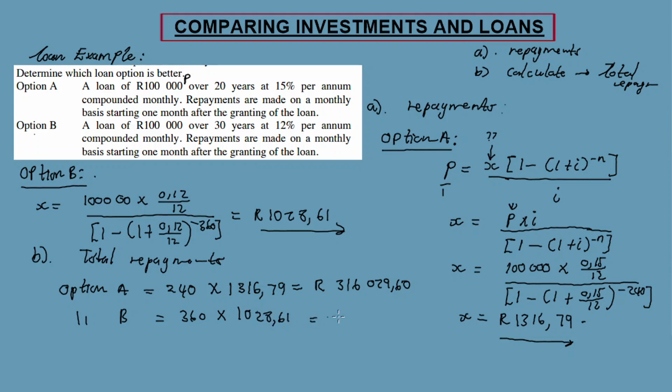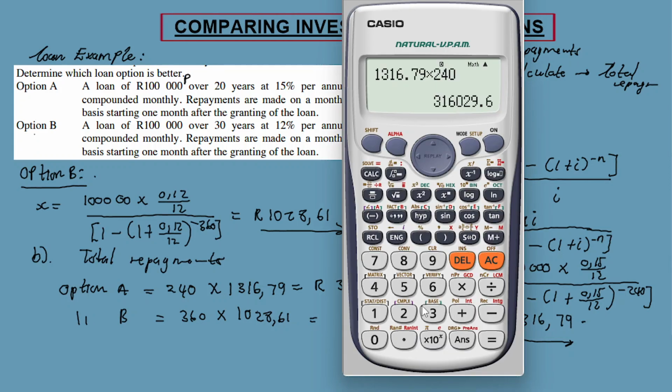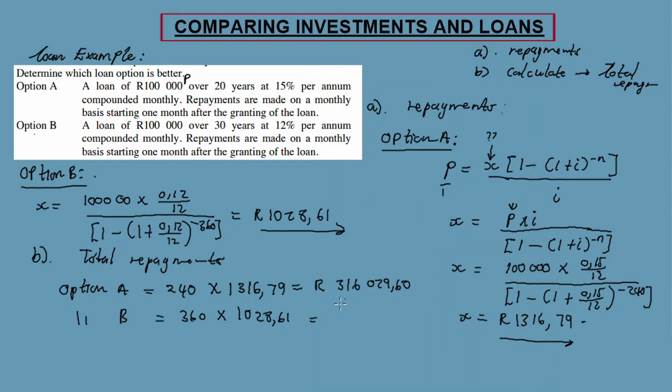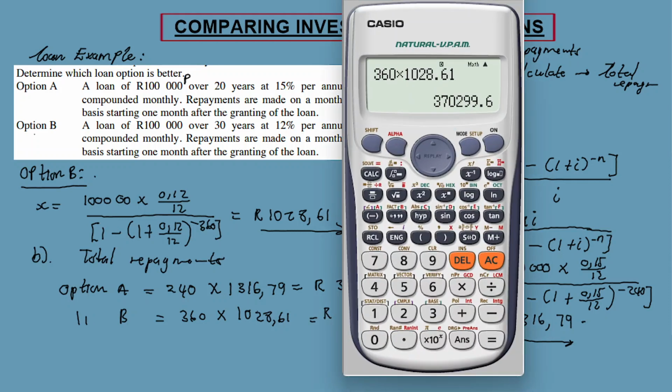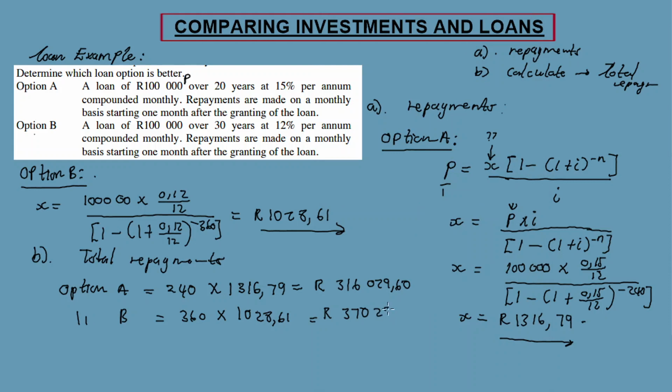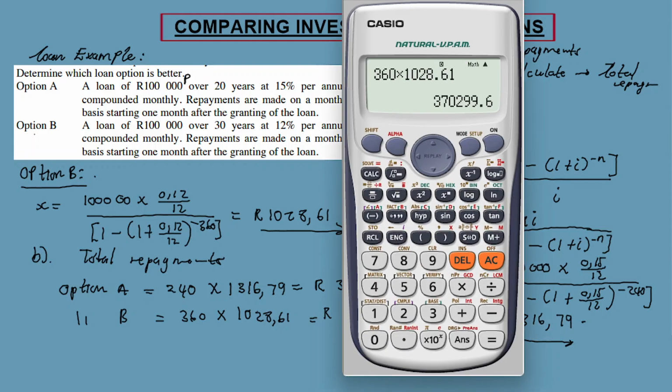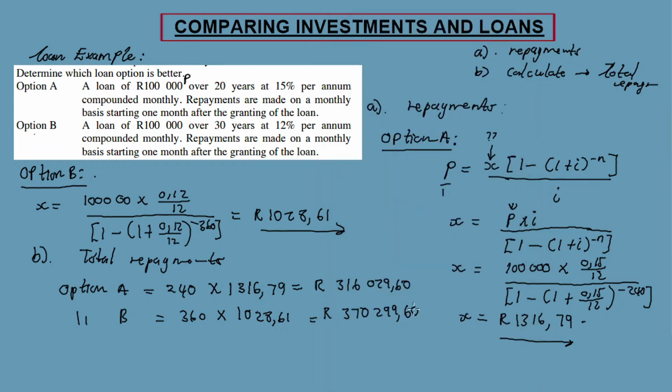Then option B, you have 360 times 1028.61, which is equal to 370,299.60. Okay, it means that option A is better because the interest is less here.